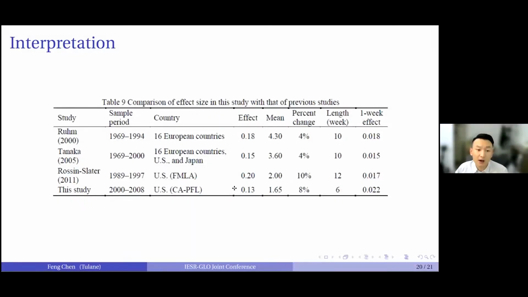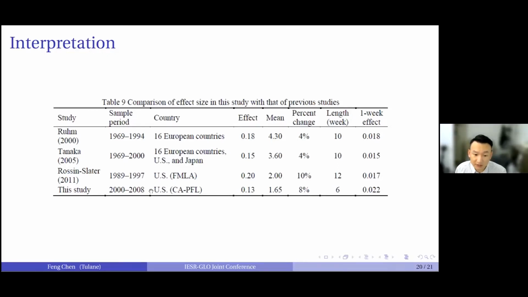Then I make a simple comparison of the effect size in this study with previous studies. The last row is the result for this study, and the last column is the 1-week equivalent effect, just for comparison purposes. We can say that compared with the literature in the United States, I found a slightly larger effect in magnitude.